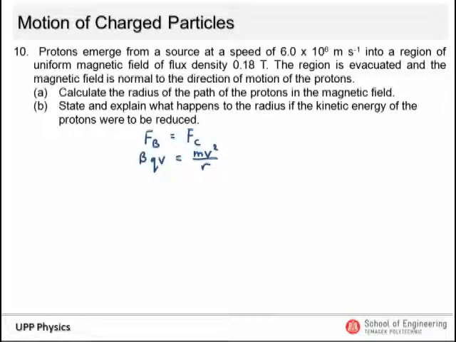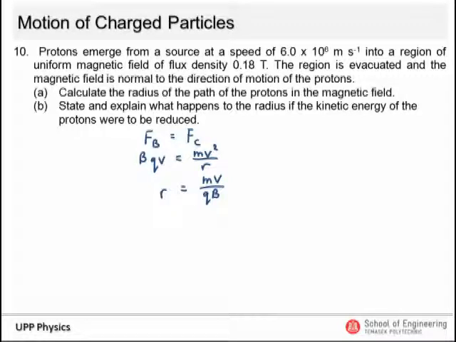Here m represents the mass of the protons, and r represents the radius that we need to find. So, by doing some rearrangement, we have r equal to mv over qB. If we know the values of the four variables on the right-hand side of the equation, we can solve for the radius of the path of the protons in the magnetic field.